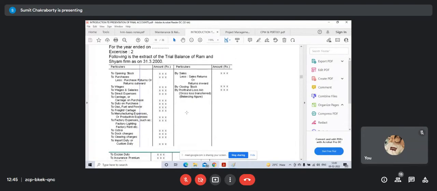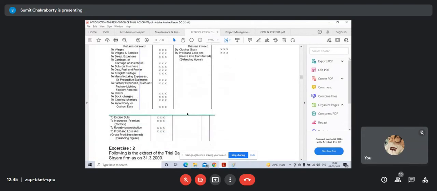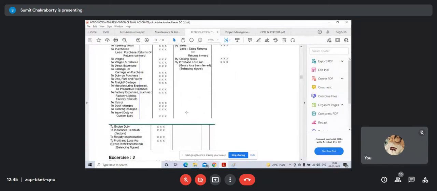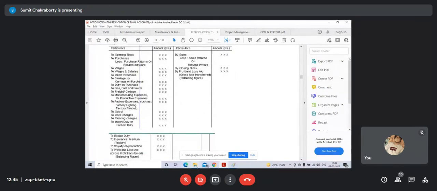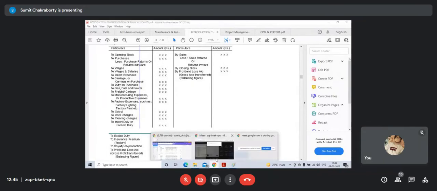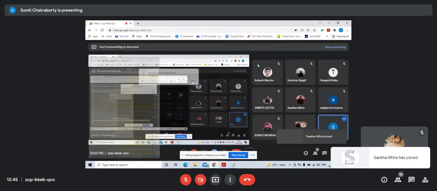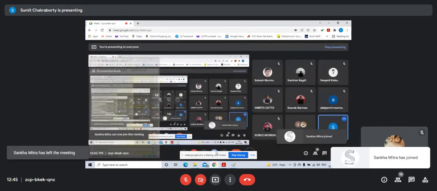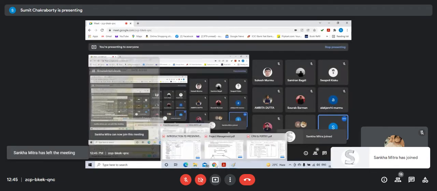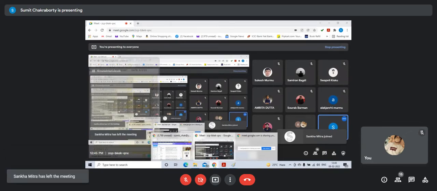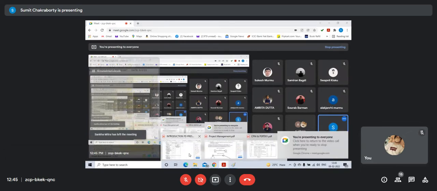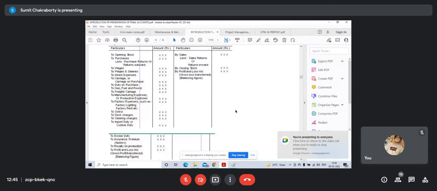So here is the table, exercise number 2. Here is the table. So follow the table. Opening stock, it starts with opening stock, right?